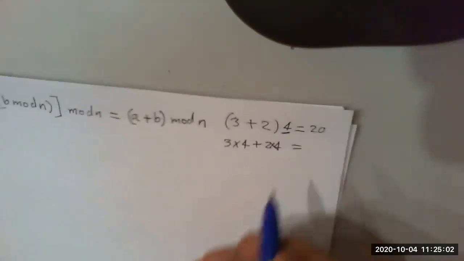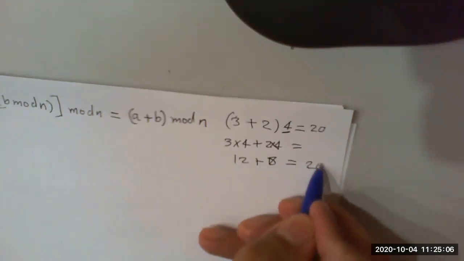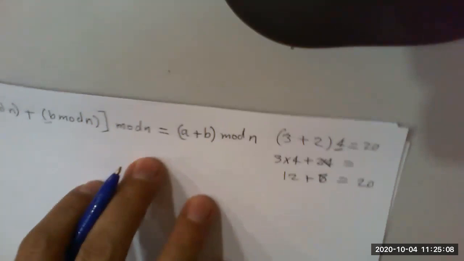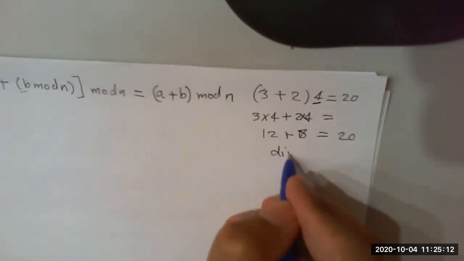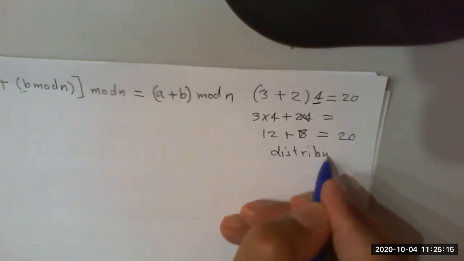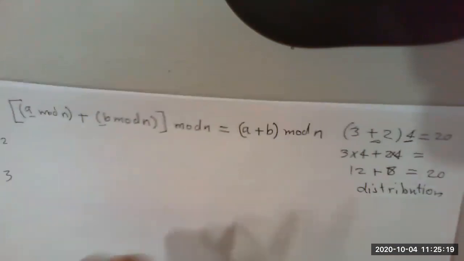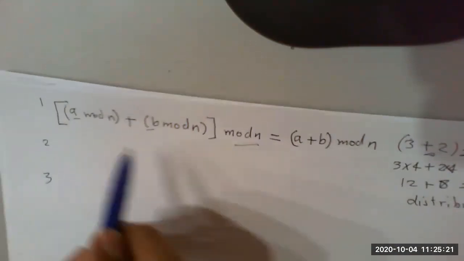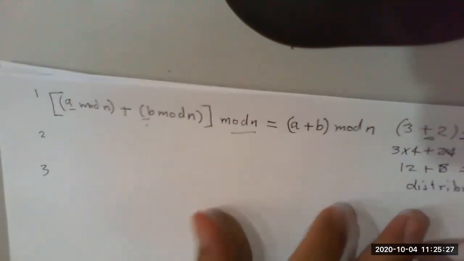This means 12 plus 8, which is the same result, 20. This is called the distribution property. I can distribute a number on the sum. Here, I can also distribute the mod on the sum.